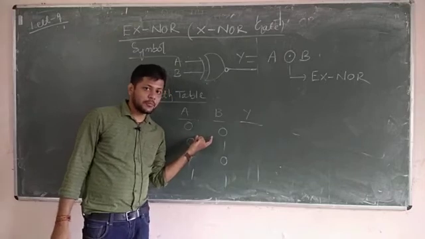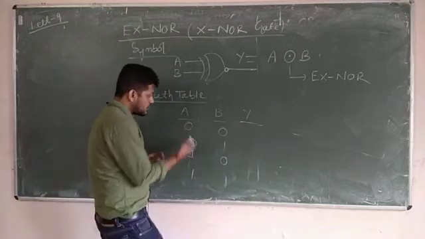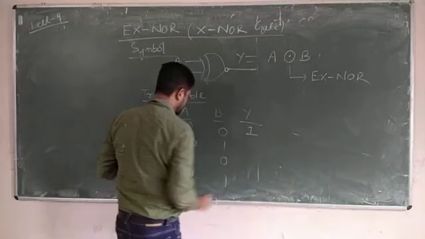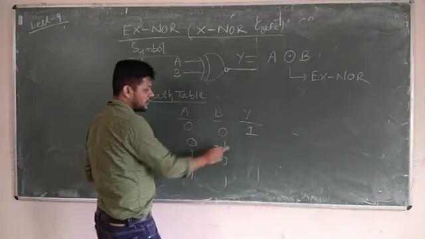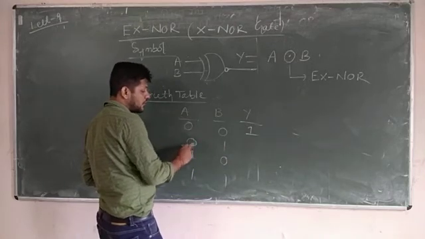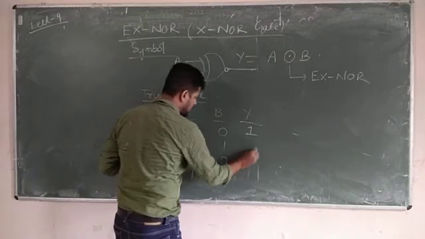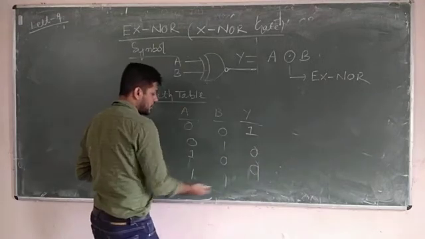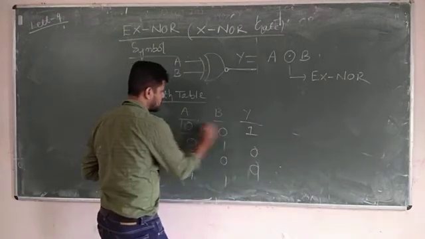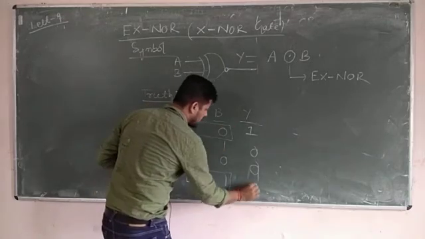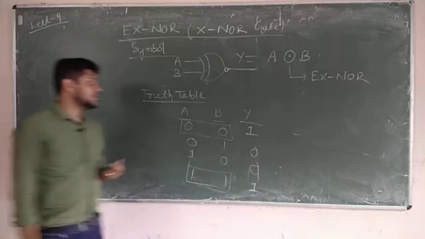So for 0 0, both the inputs are same, so output is 1. For 0 1, the inputs are different, one input is 0 and another is 1, hence output is 0. For 1 0, also output is 0. For 1 1, here also both the inputs are same, hence output is 1.